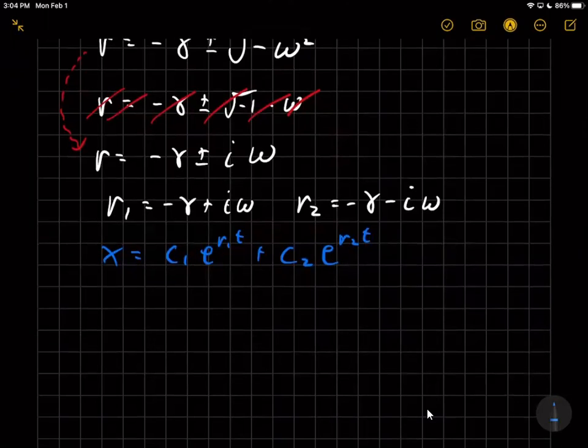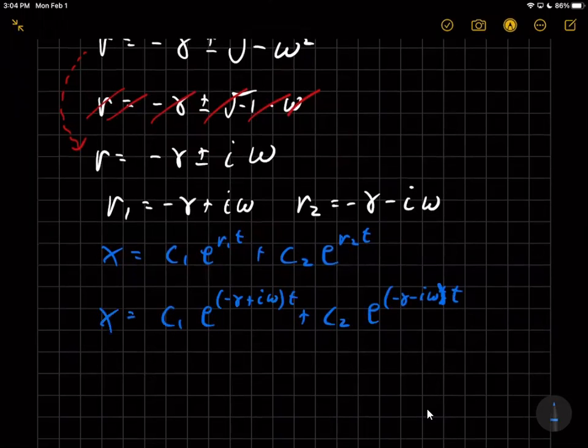So what happens here, x is equal to C1 e to the (negative gamma plus i omega) t plus C2 e to the (negative gamma minus i omega) t. Okay, so that's our solution.